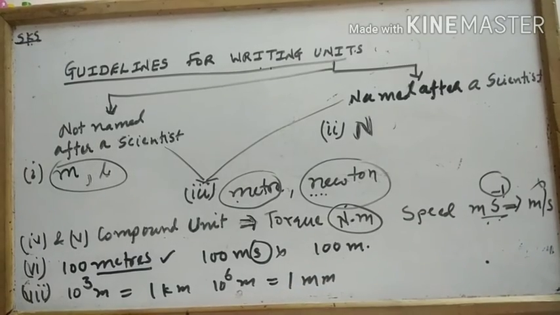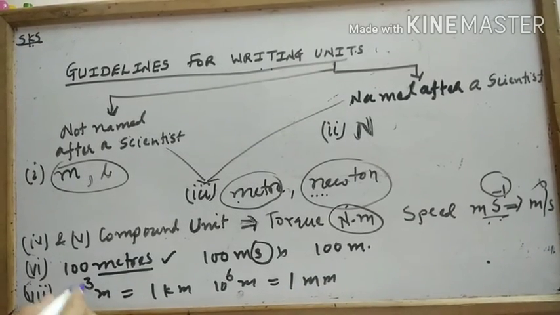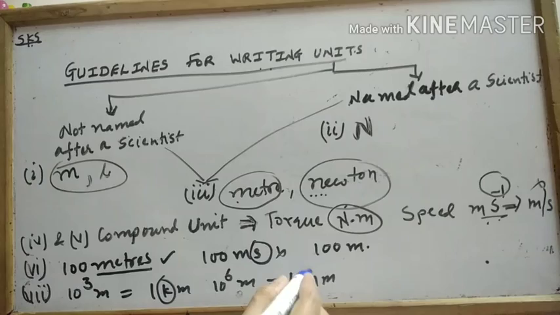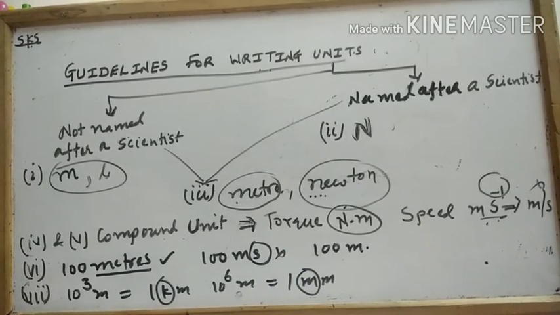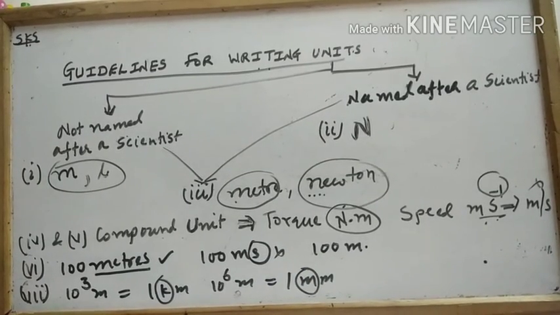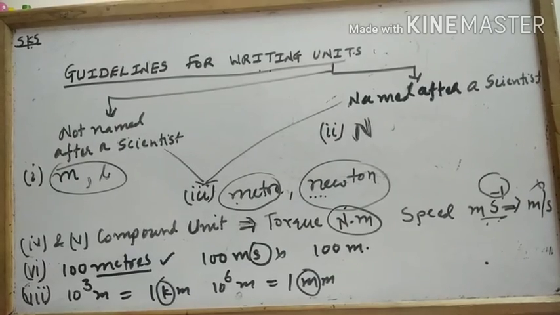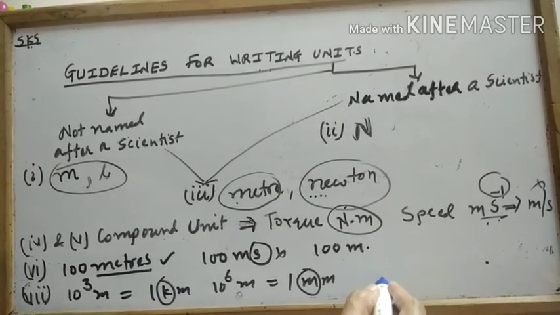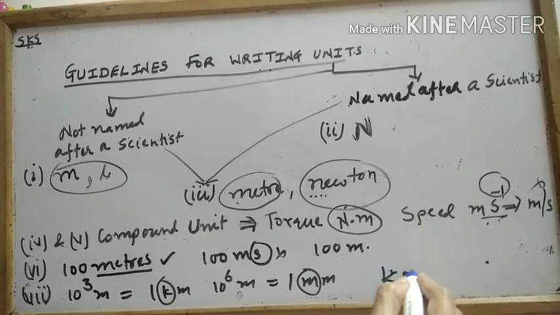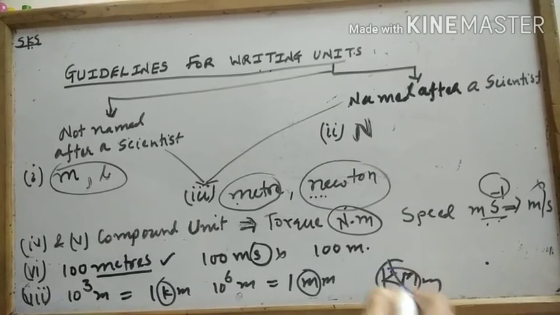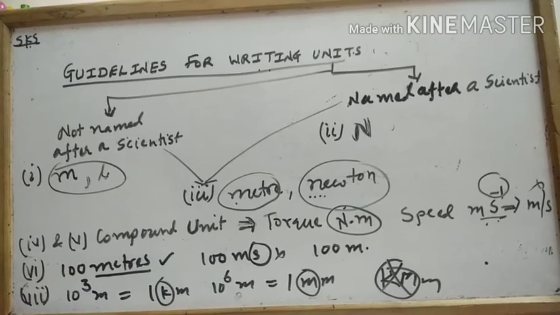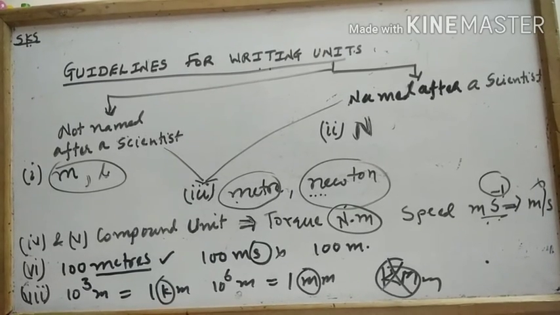That is, instead of writing the power, I have used here a prefix. Here also I have used a prefix. And remember, if you are using any prefix, then you cannot write two prefixes together. You cannot write 10 kilo, mega, like this. Two prefixes cannot be allowed together.